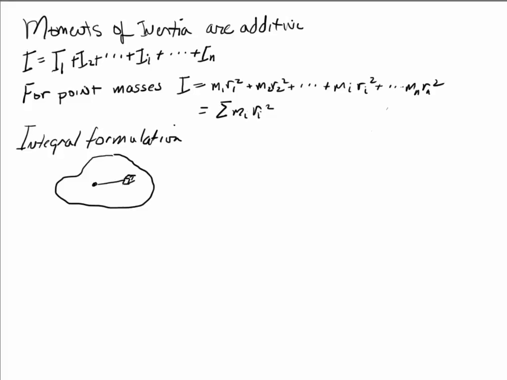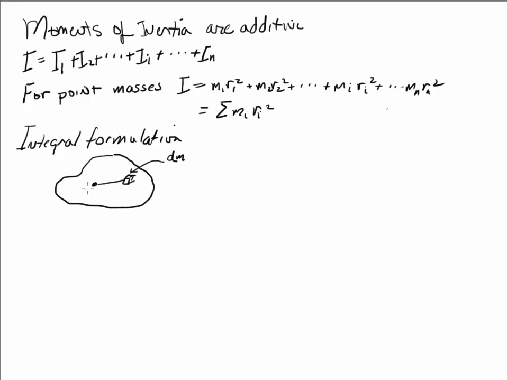Now, let's talk about the integral formulation for this concept. We show here an extended rigid body and a mass element drawn here in the picture. We'll call that mass element dm.